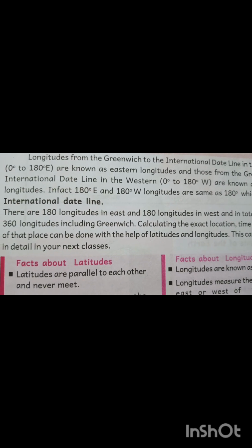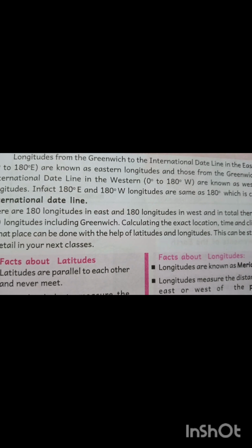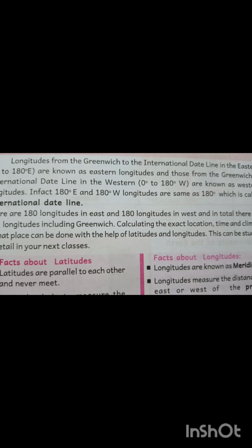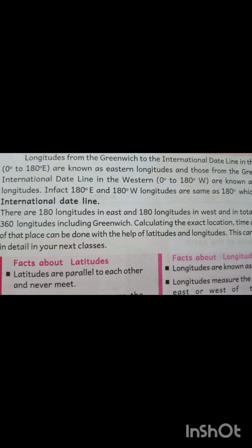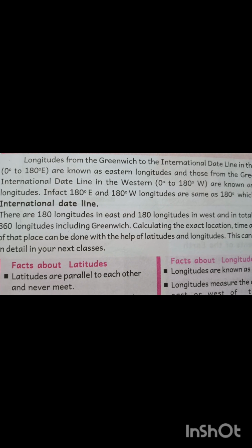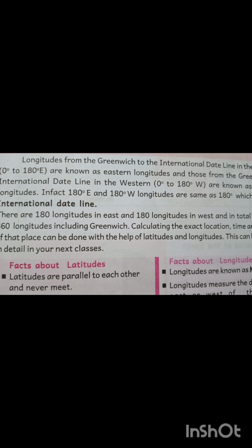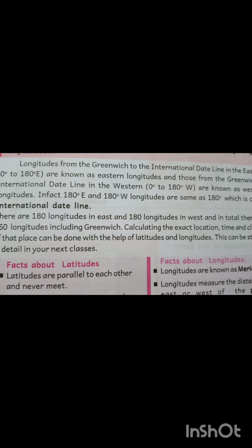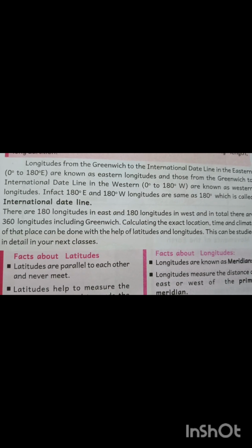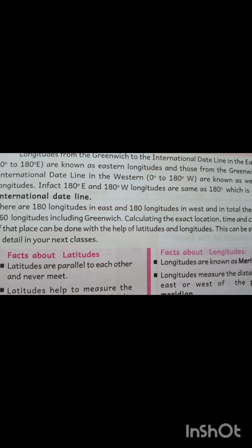Calculating the exact location, time, and climate of that place can be done with the help of latitudes and longitudes. This can be studied in detail in our next classes.